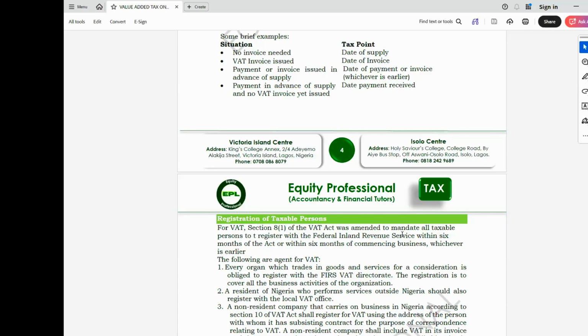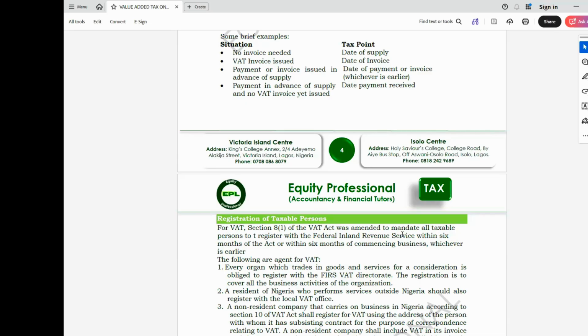Take note of that: within 6 months of either commencing business or commencement of the act, whichever comes first. And this taxable person, as I said earlier, can be a government agent, authority, body, ministry, department, a club, an organization, or an NGO.